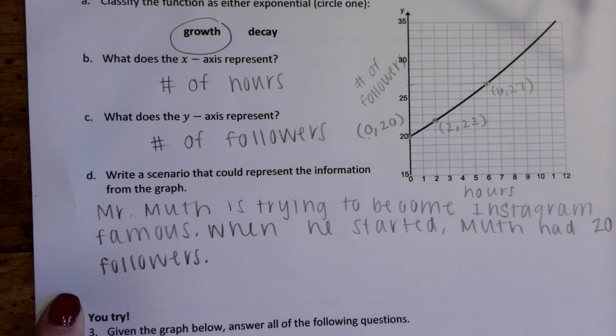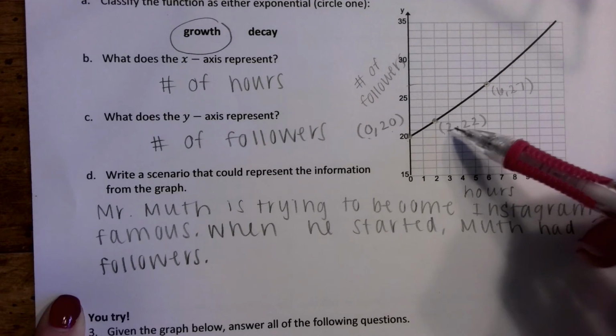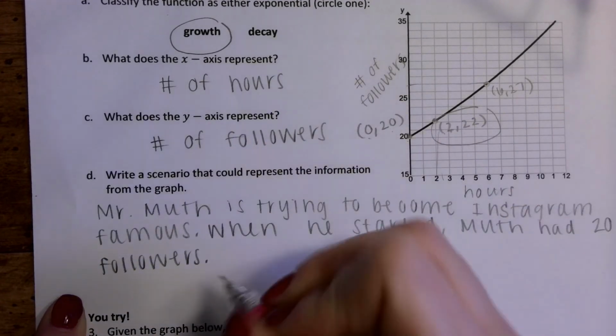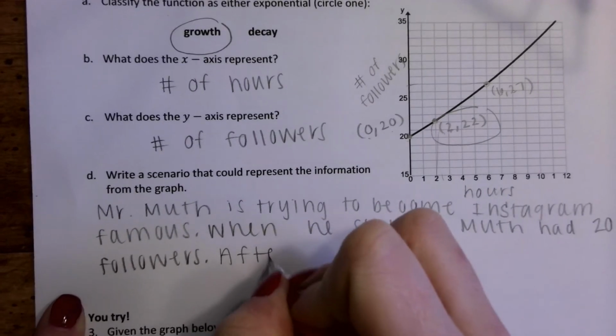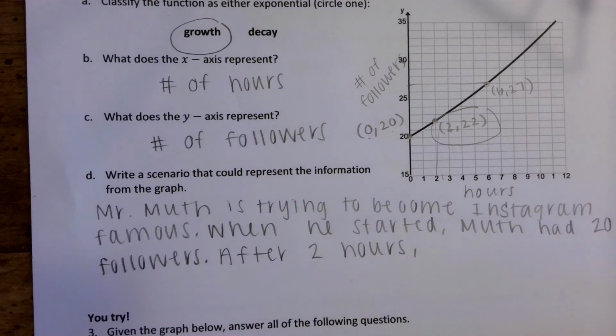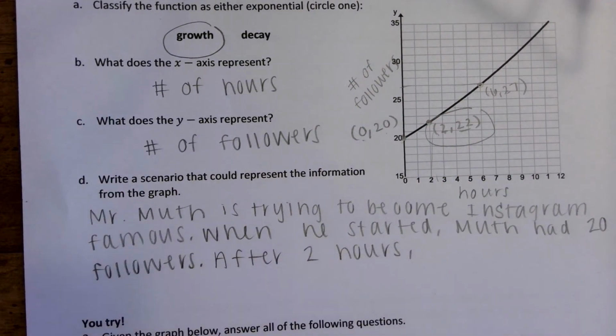The next thing I'm going to do is talk about one of these other nice points. So I'm going to use this point of 2, 22. The 2 is representing hours, so I'm going to say after 2 hours, and then I'm going to talk about this 22. This is his number of followers, and I also like to put in there that we think it's growing exponentially.